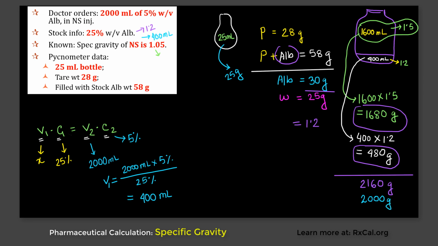So the specific gravity will be the ratio of these two quantities, and it should be equal to 1.08. So this is the final answer. The specific gravity of the entire mixture of 2000 ml of 5% albumin preparation.